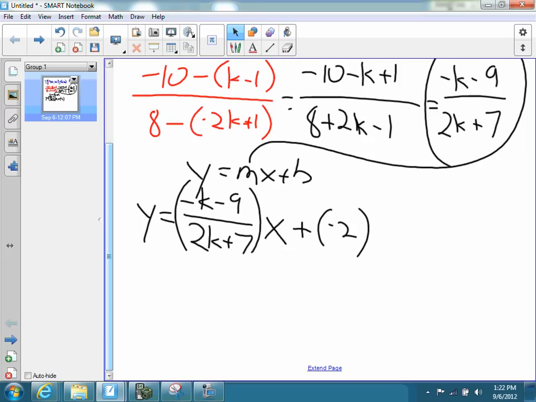Everybody with me there? That's going to be -8 over 8, so -1. Good with that? If I now know the slope as a number, it's a whole different approach. Amber, what am I going to do now to find k?